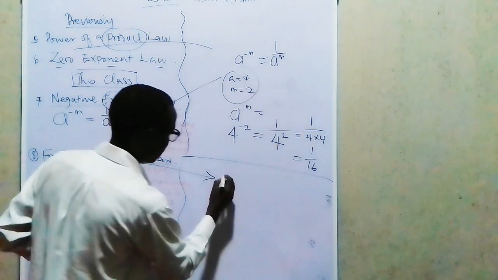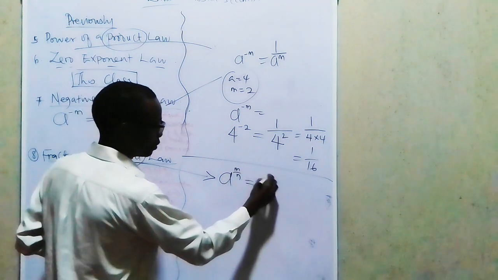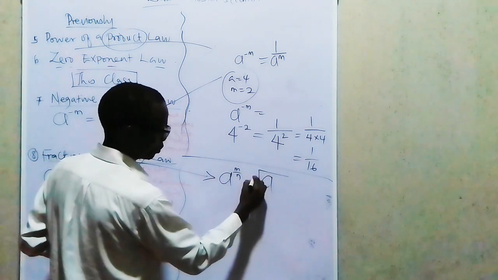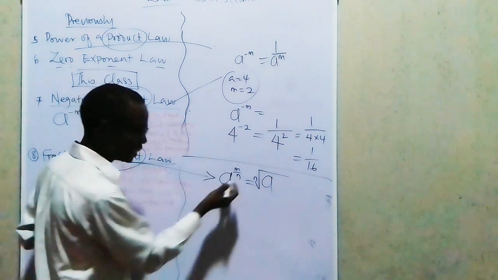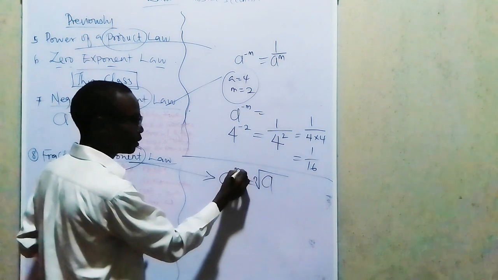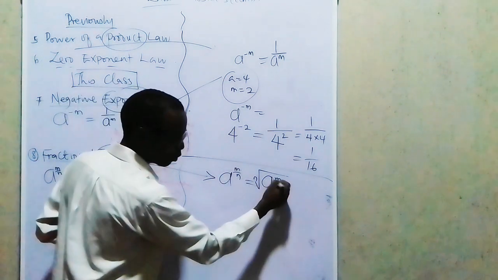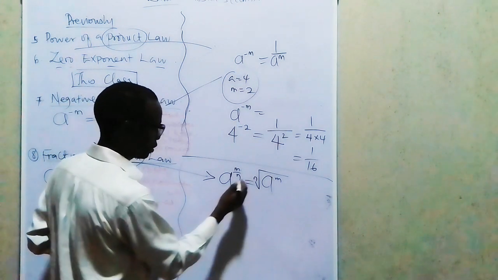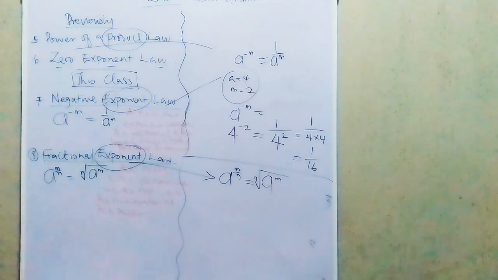What that means is this: if I have a raised to the power m over n, it means that the denominator forms the root, and the numerator remains on top and still forms the power. I said that the word power means exponent too. So the fractional exponent law says that the denominator is the root and the numerator is the power.